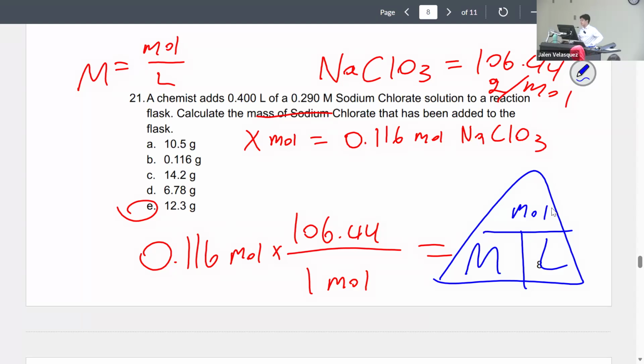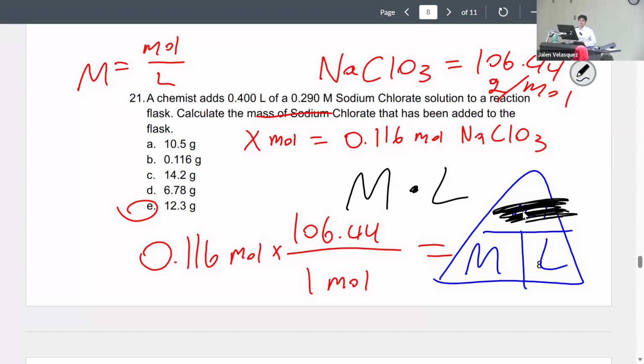A lot of people this week have gotten confused with molarity and moles. I know it sounds similar, but if the triangle confuses you, don't use it. If you want to use it, you cover up what you don't have. We don't have moles. The M and the L are next to each other, so that's the same thing as saying M times L.